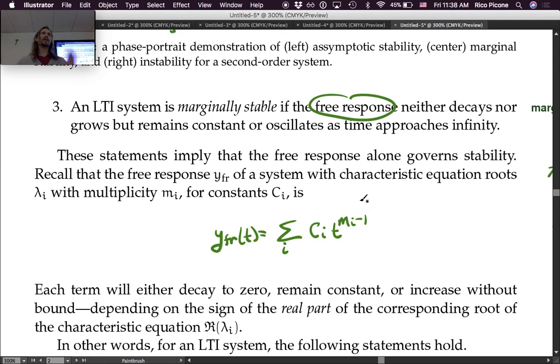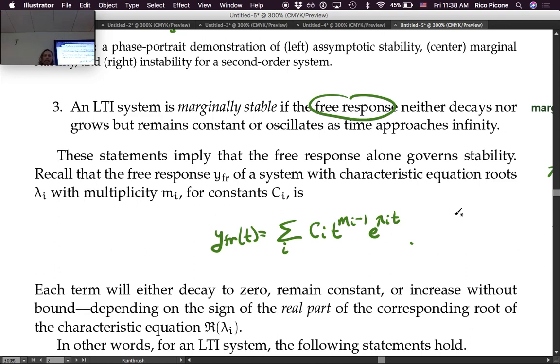So this doesn't affect most of the terms, but it does affect an occasional term. Then multiply by e to the lambda i t. So that is the free response, assuming that you've solved. That's the homogeneous solution, but once you apply the initial conditions to it, and you've solved for Ci, so C1, C2, etc., then you have the free response.